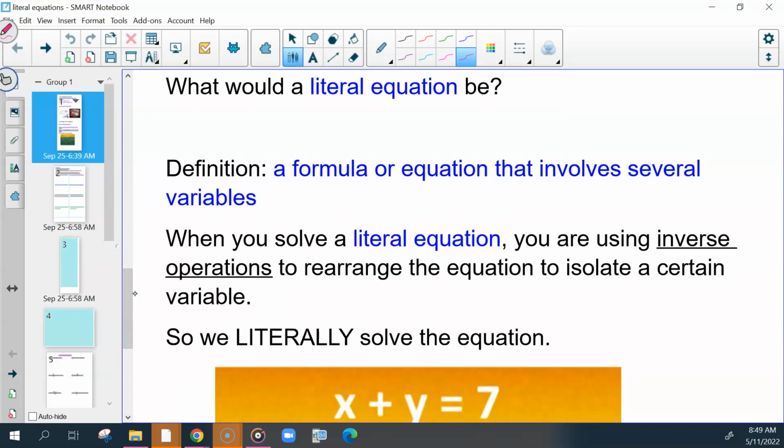When we are solving a literal equation, we're solving it like a normal equation, getting a variable by itself like normal, but we won't have a numerical answer. We'll solve it and it'll be like y equals ax plus b. We won't know an answer, we'll just be solving the equation.